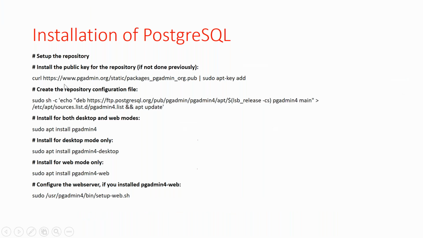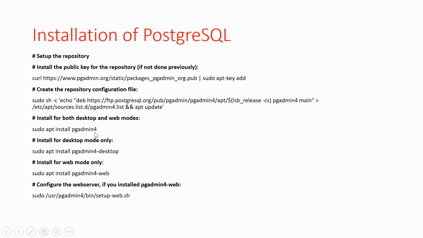In Ubuntu, you have the curl command to install the public key, then deb to add the repository, and then apt is used. I have installed it for Ubuntu, that's why I added it in the slides for Ubuntu.